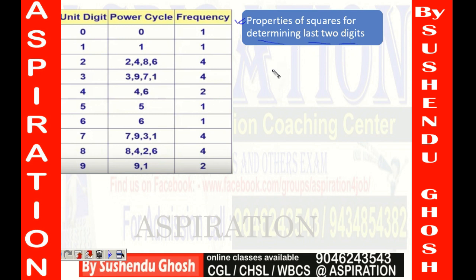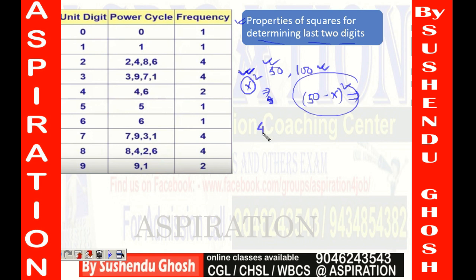You have to keep in mind that whenever a number is close to 50 or 100, the last two digits of the square of that number are exactly the same as when the number is subtracted from 50 and the square is taken. For example, I am trying to find the last two digits of 41 square.